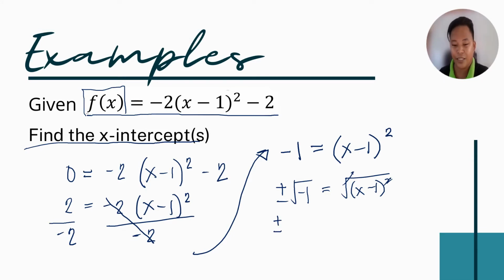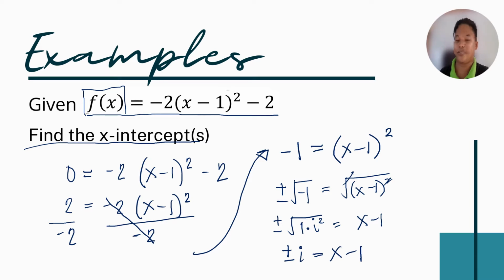Positive negative square root of negative 1 is equal to 1 times i squared. Is equal to x minus 1 na lang po. Then, positive negative square root of i squared is equal to positive negative i na lang po. Since the square root of 1 is 1, square root of i squared is i. Equals x minus 1.